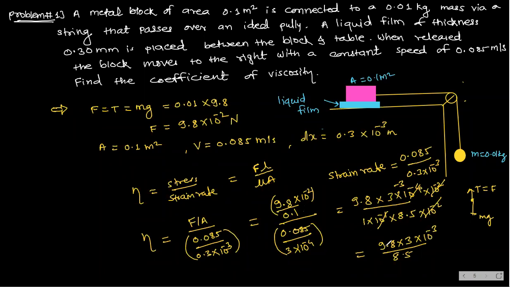So I think the answer you are getting is 3.45 into 10 to the power minus 3 Pascal second. That is the coefficient of viscosity. Okay. Got it? Check it once. 0.003. Oh, yes, this is also right. Yes, right. You check it. So 3.45 into 10 to the power minus 3 Pascal second.